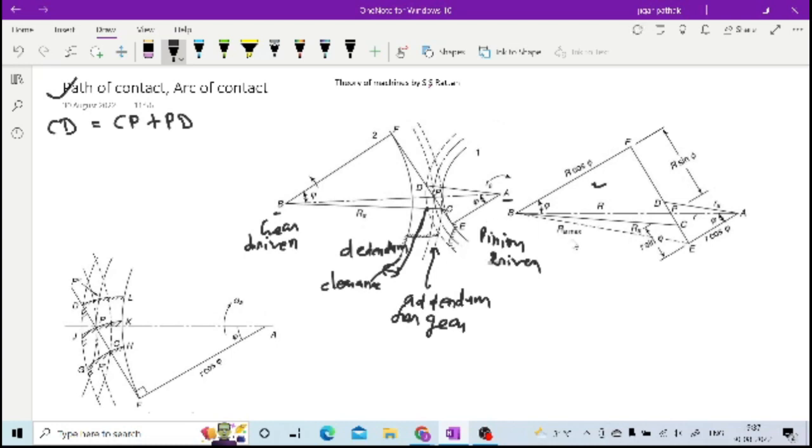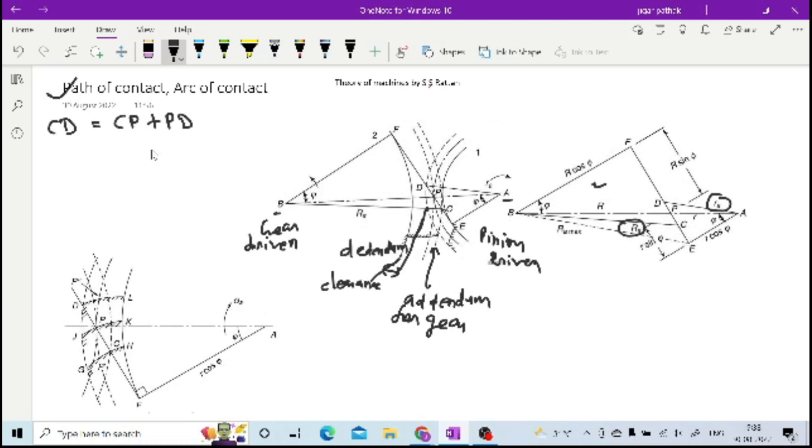You can see that CP plus PD is your path of contact, and here the pressure angle phi is given for both the gears, and RA is the addendum circle radius for pinion, and RA is the addendum circle radius for gear. So at point C it is the tip of your gear, and at point D it is at the top of your pinion. So this is how you have this CD, right?